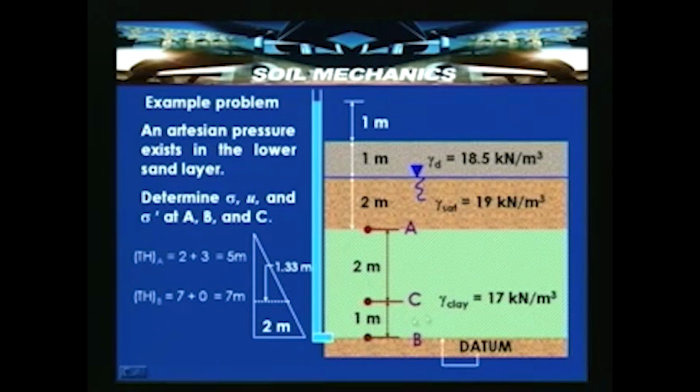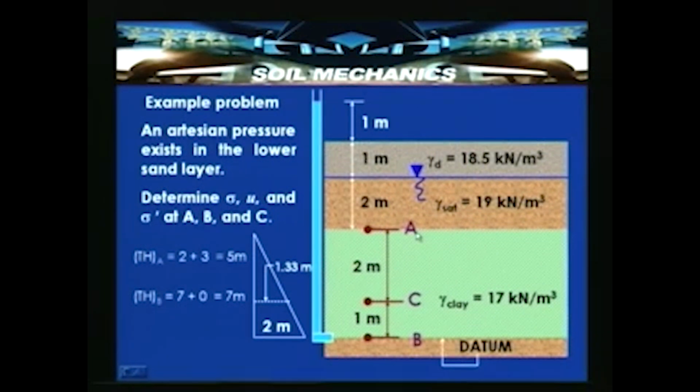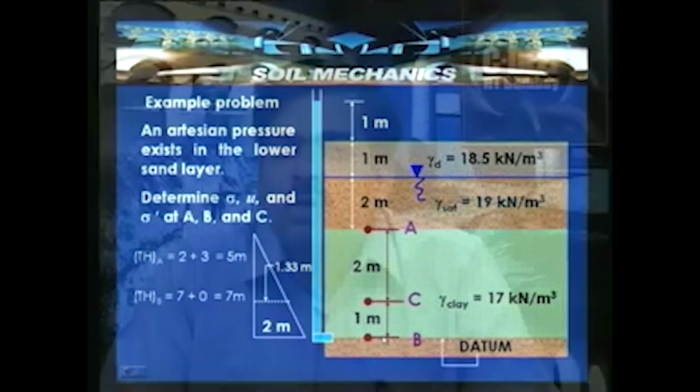If you consider only the flow taking place in the clay soil, ignoring the sand here, then the flow from B to A is in the upward direction, because of the head driving the flow from point B to A. The hydraulic gradient is nothing but H, which is 2, over L, which is around 3 meters. So, the hydraulic gradient is 2 by 3.